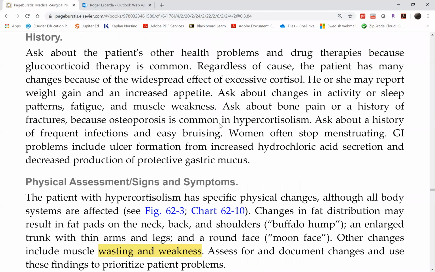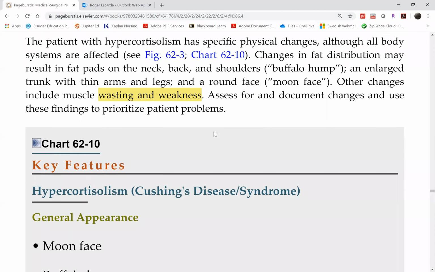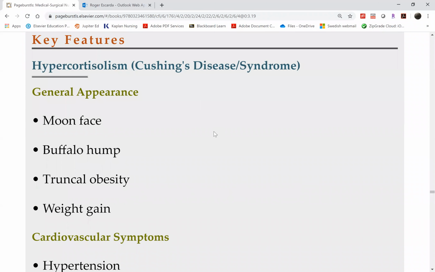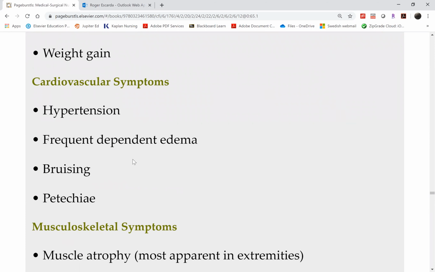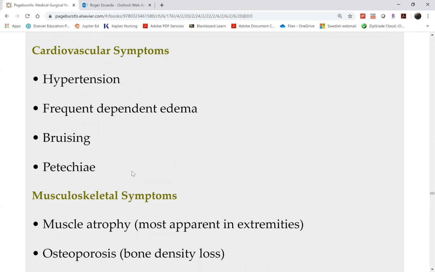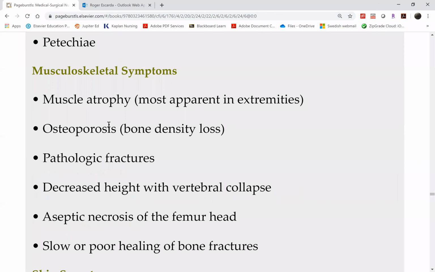Signs and symptoms, we already looked at the patient and we discussed it using chart 17-2. Here are your other symptoms. The moon face, we discussed already, and the hypertension. The bruising and the petechiae here are due to the overstretching of the skin. So patients are prone to skin tears, skin injury, bleeding. And because they have hypokalemia and hypocalcemia, there will be muscle wasting, because now you have mostly fat, so therefore less muscle mass.